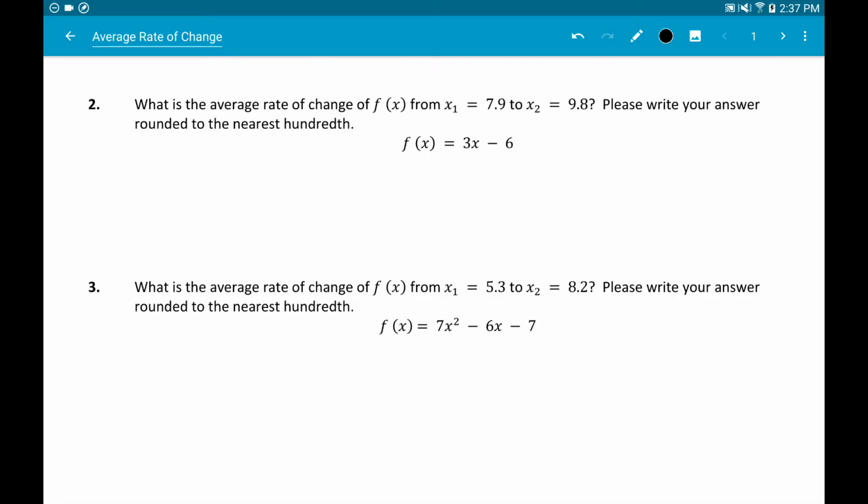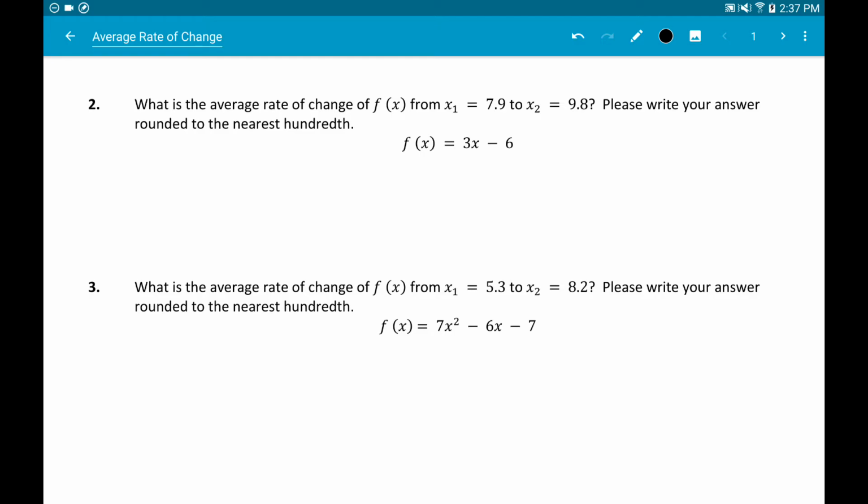Alright, and after the graphs you'll have some problems where they just give you a function and ask you to get the average rate of change given 2 x values. So we don't have a graph to look at this time. In number 2, they give you a function f of x equal 3x minus 6. So I want you to recall something from algebra.